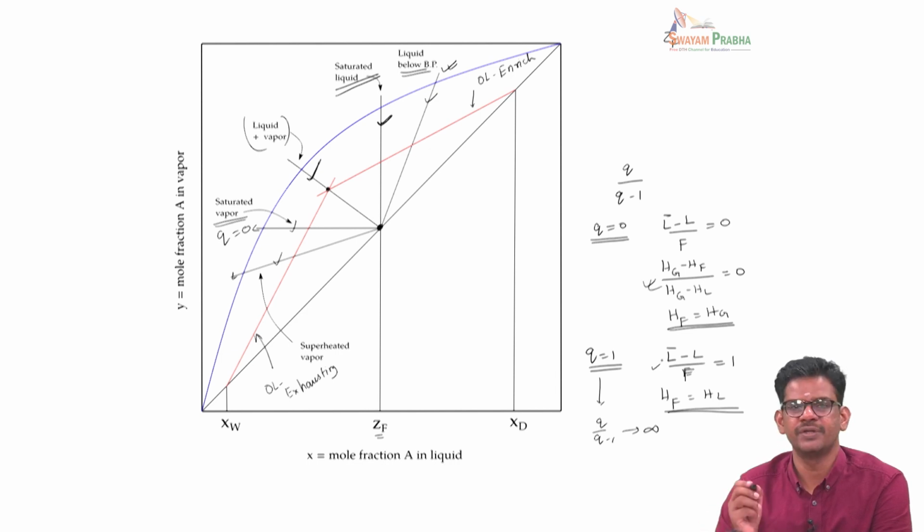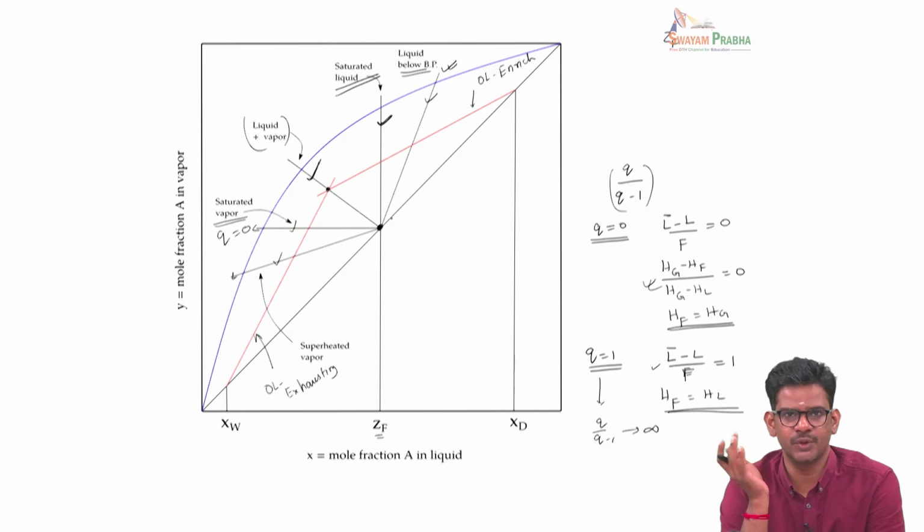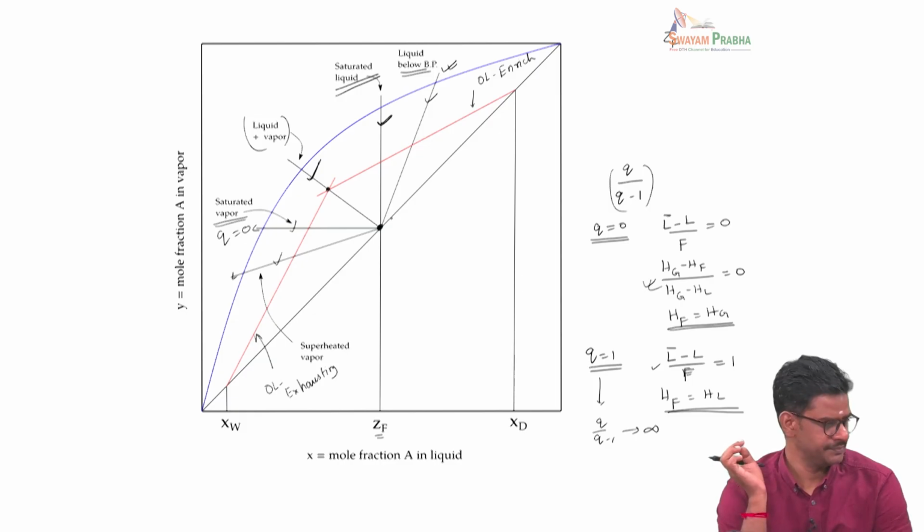From the q we can get the slope of the q line, and then we know one point on the 45 degree line, and then with the known slope we draw these lines. These are possible q lines, and the q lines are those which give the locus of intersection of the operating lines, exhausting and enriching operating lines.